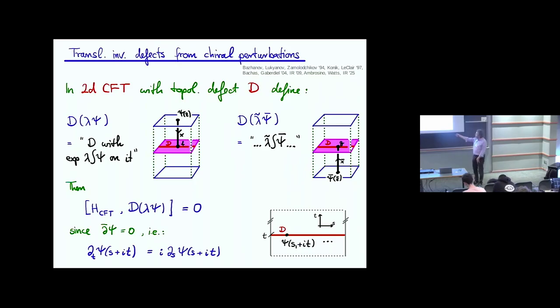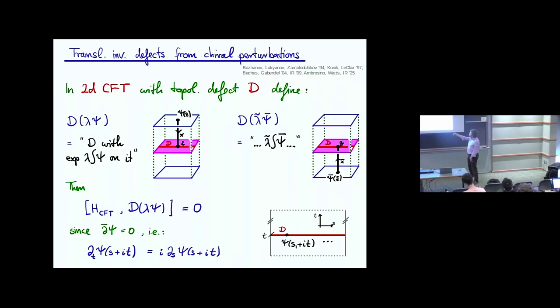And so that's again the same construction we saw in Yifan's talk, which is that I take the defect and I perturb it by this field which lives on the defect. So I insert this line integral, an integral along the defect, exponentiated on the defect, and that's my perturbed object. If I do this, I claim this automatically commutes with the Hamiltonian of the conformal field theory. The simple reason is that I'm asking, can I translate this whole defect in the t direction?